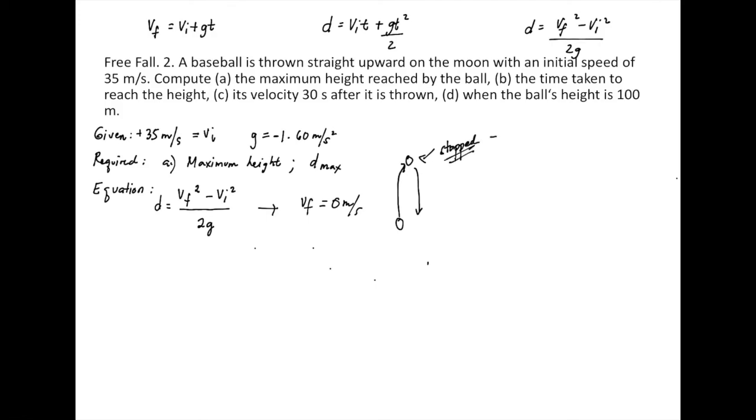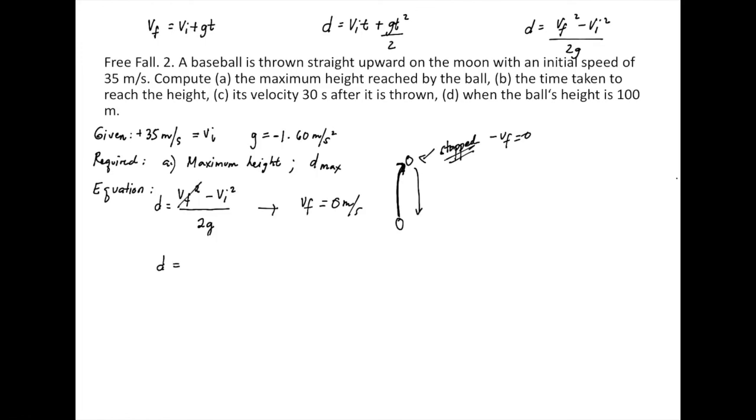So meaning to say, the final velocity is 0. From going up, once it changes its direction at the maximum height, it will suddenly stop for a fraction of a second.